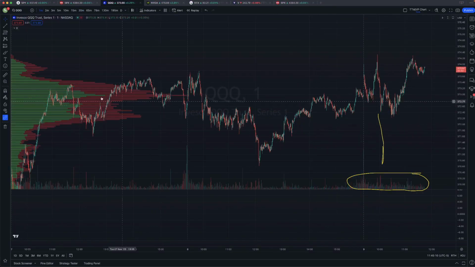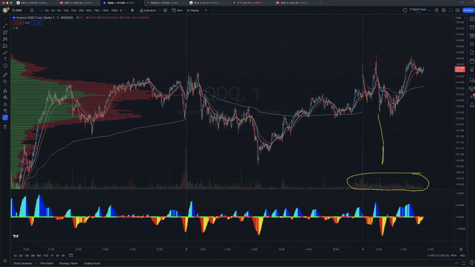When we're looking at volume profile, it's volume by price. So these volume lines come out from the side of the screen, whether you have this on the right or the left-hand side of your screen, and they show you volume by price instead of volume by time.